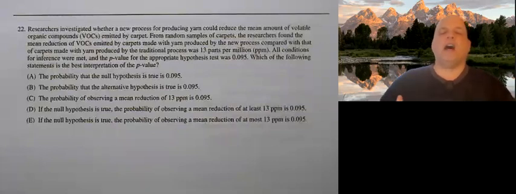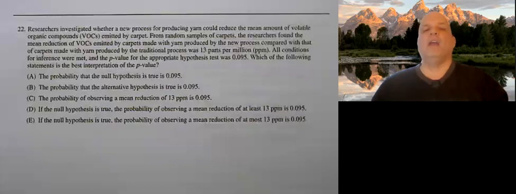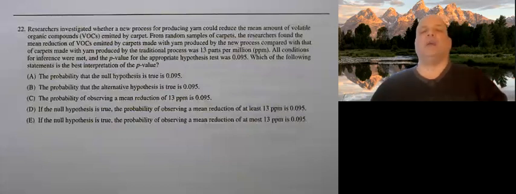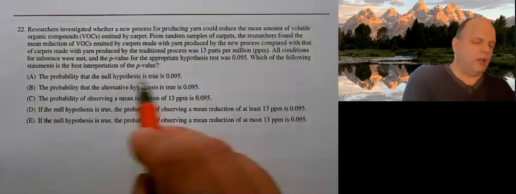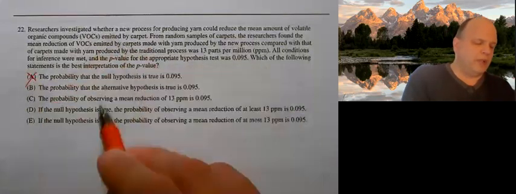Remember, p-value is the probability we get a test statistic this extreme or more extreme in favor of the alternative. So at least as extreme as in favor of the alternative. All right. The probability the null hypothesis is true? No. The probability of the alternative?